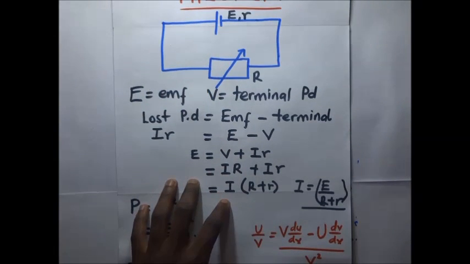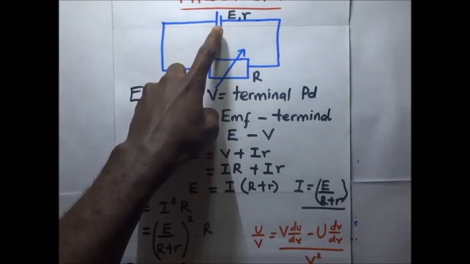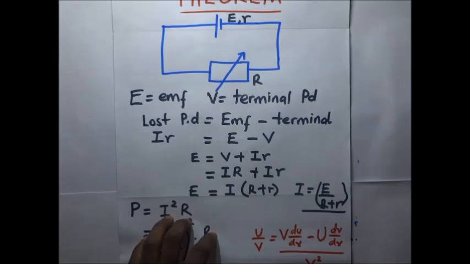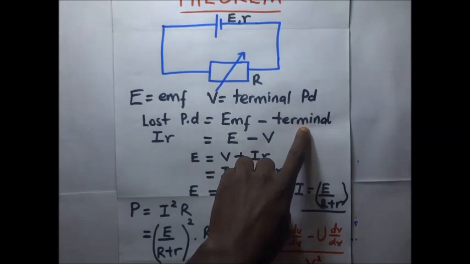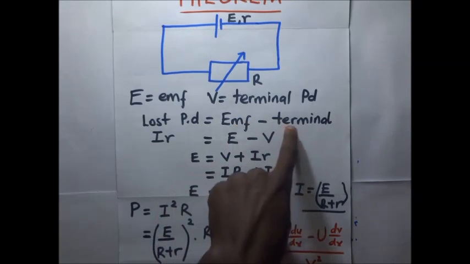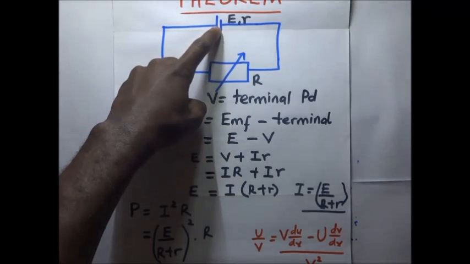And the terminal potential difference is the potential difference across the terminals of the cell when the cell is connected in a circuit. We all know that terminal potential difference will be less than the EMF. Why is it less? It is because some PD is lost due to the internal resistance of the source.